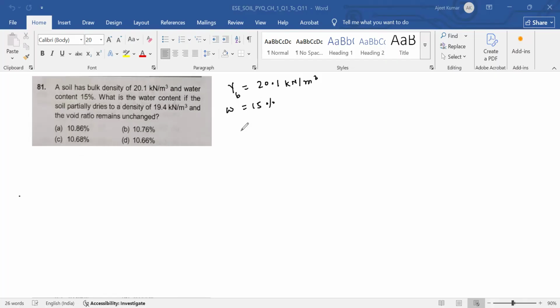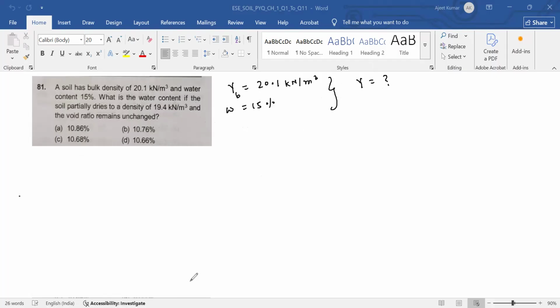What is the water content if the soil partially dries to 19.4 kilonewton per meter cube and the void ratio remains unchanged? So we have to calculate what the water content is.